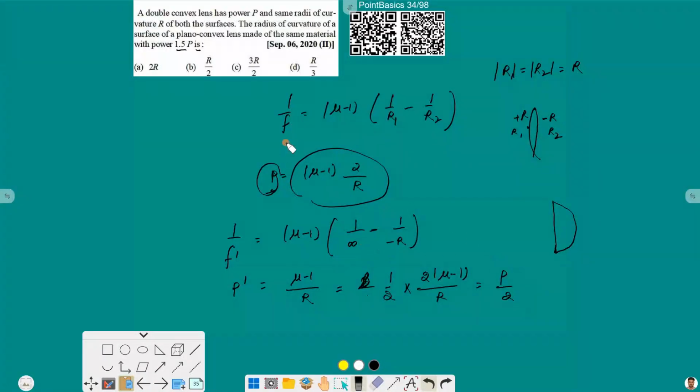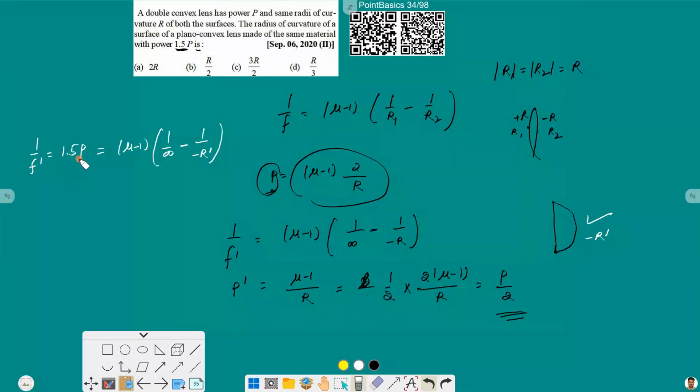Oh, sorry, I thought that we have to compare their powers, but actually we have been given the power for the plano convex lens and we have to find its radius of curvature. So let me solve it separately. So 1 by f dash, which is given to be 1.5 times p, will be equal to mu minus 1 into 1 by infinity minus negative of r dash, assuming the radius of curvature of this side is negative r dash.